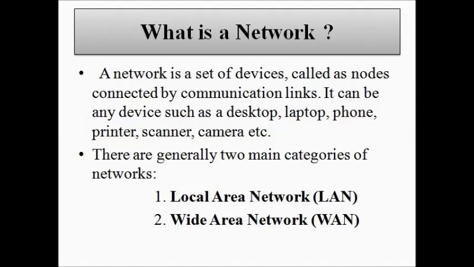So first let us understand the basic definition of what is a network. A network is actually a set of devices, which are called nodes, and these devices or nodes are connected by communication links, by a transmission medium. Now these communication links can be wires, cables, or it can be connected through electromagnetic medium.